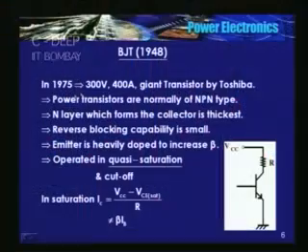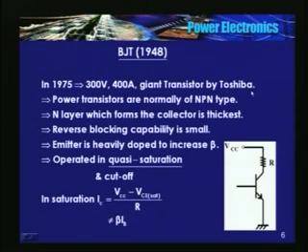See here, in 1975 a 300 volt 400 ampere giant transistor by Toshiba. Power transistors are normally of NPN type, and the N layer which forms the collector is the thickest one, because that N layer has to block the voltage.